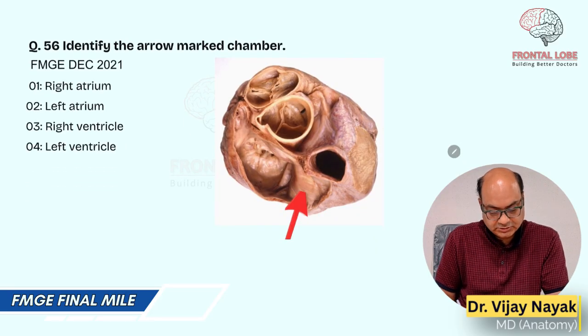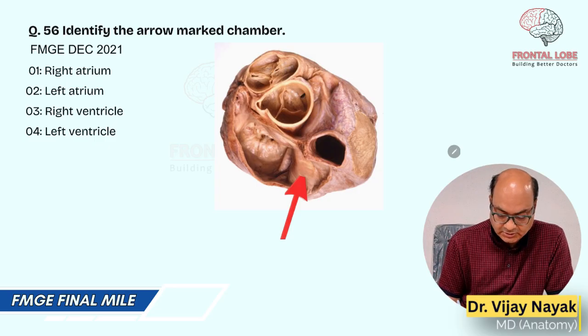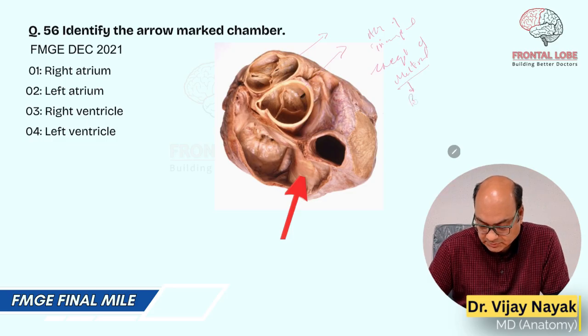Now we come to this question: identify the arrow marked chamber. This picture is taken from above the heart, and you can see the two vessels visible, and they are both showing you the tricuspid valve. All the valves in the body are tricuspid, they've got three cusps, except the mitral or bicuspid valve. Only the mitral valve has two cusps.